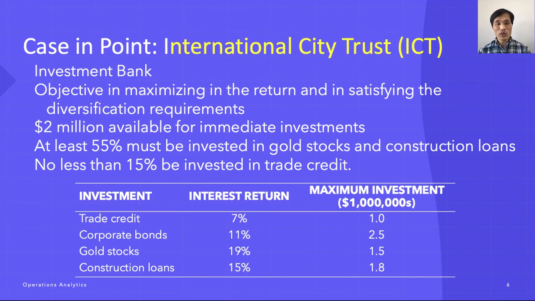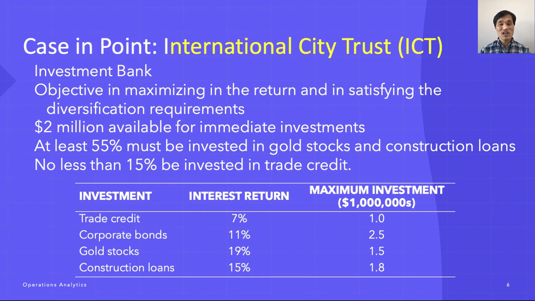The case in point is International City Trust, ICT. For example, the International City Trust invests in short-term trade credits, corporate bonds, gold stocks, and construction loans. To encourage a diversified portfolio, the board of directors has placed limits on the amount that can be committed to any one type of investment, as we can all understand.